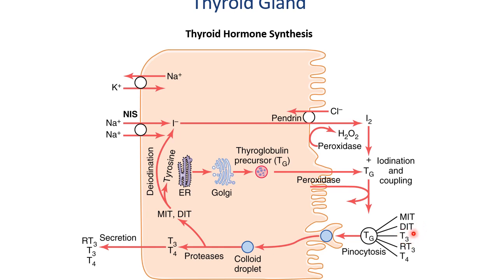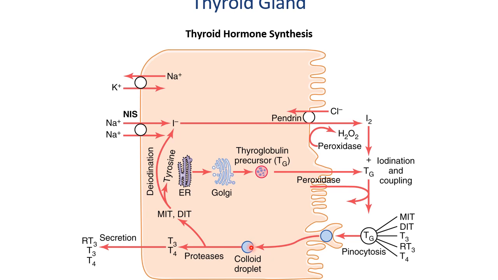But if you combine two diiodotyrosines together, you will have 4 iodine atoms in total. And that is your T4 or thyroxine. This thyroglobulin is a very long protein. So it will be taken up by the cell as a colloid droplet.